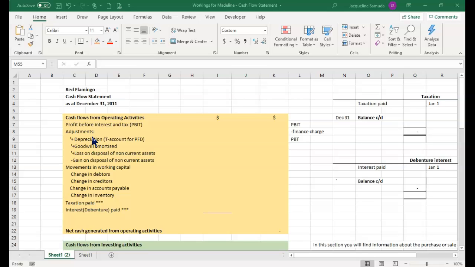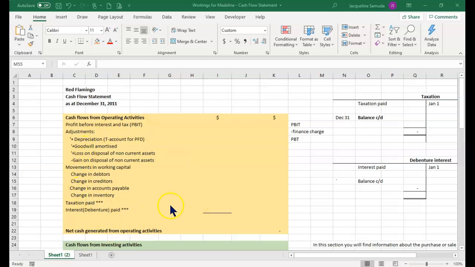And these are the things that are repeated every day. Every day they buy and sell. So at the end of the year, we use the cash flow statement to find out what was the cash generated or used up while Red Flamingo is doing its buying and selling.